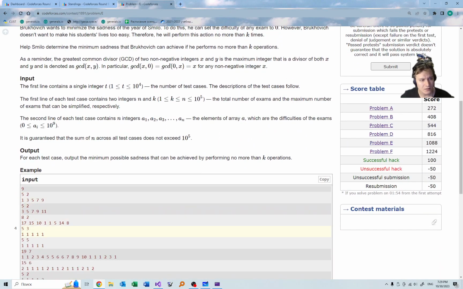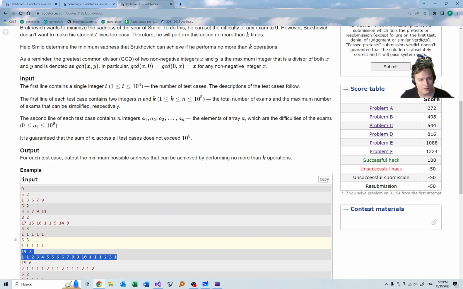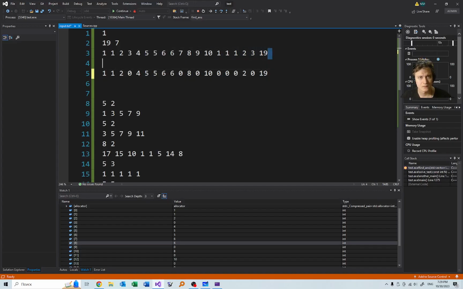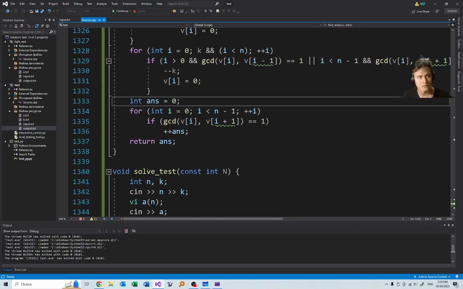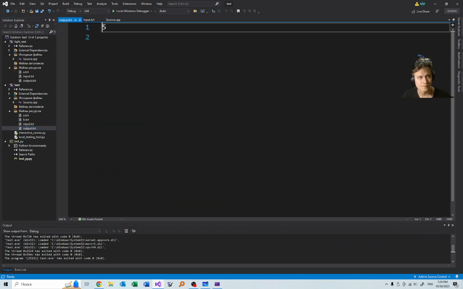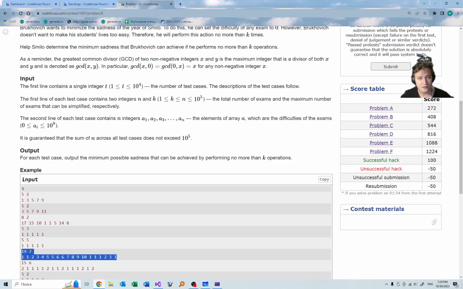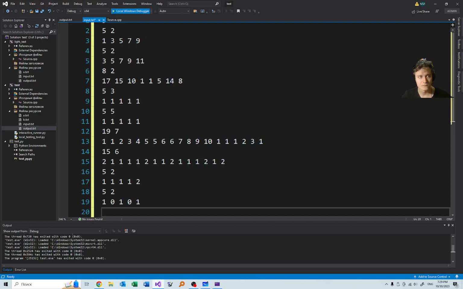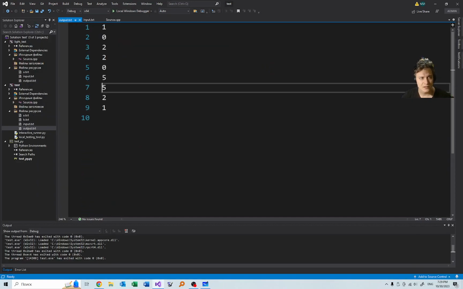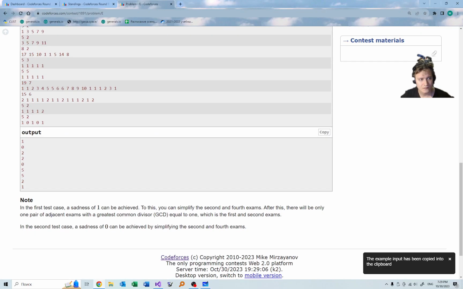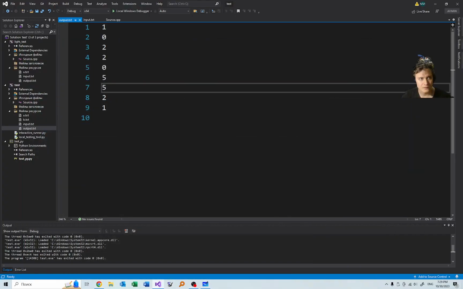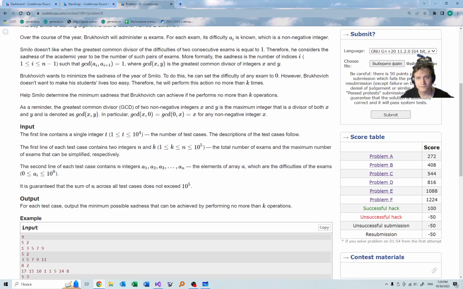So let's again copy this test. Now it's 5. Ah, this is because it's not 19. Okay, whatever. Let's recheck everything now. 102, 205, 521. Let's try again.